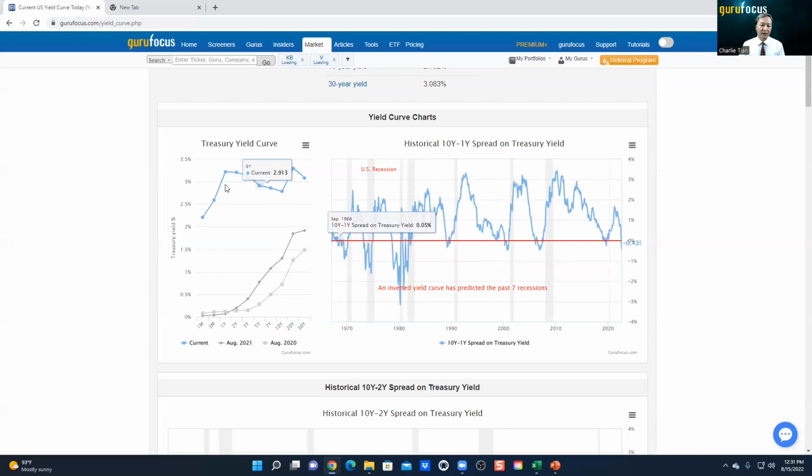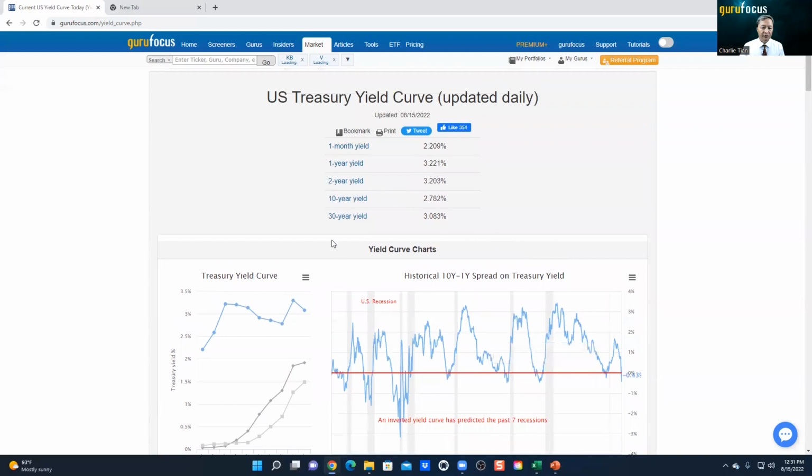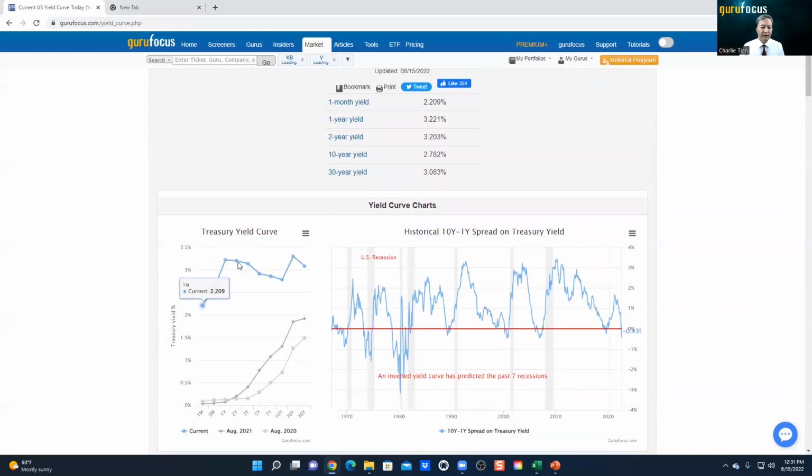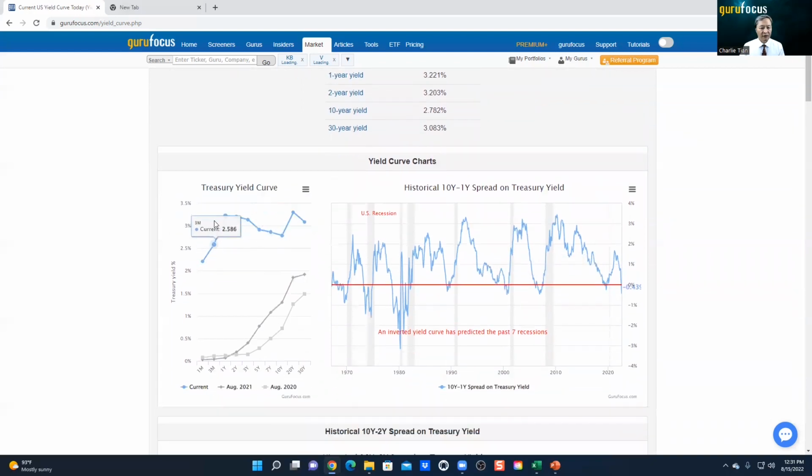But currently, look at this. This is called a yield curve. We draw all the different Treasury yields together, and currently it's close to a flat line. So it's called yield flattening.